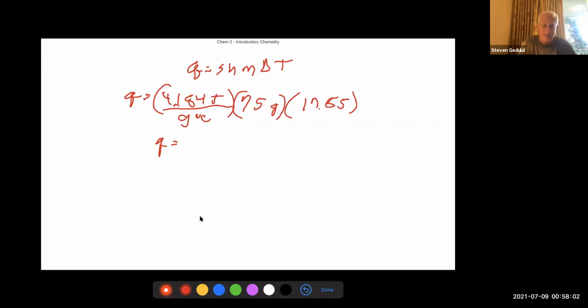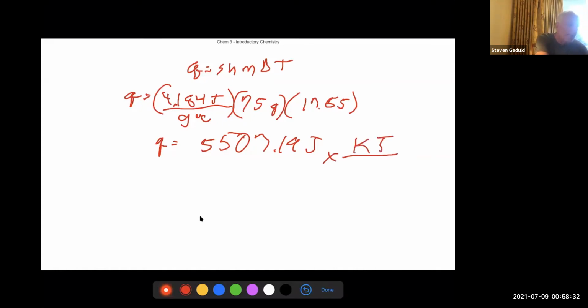4.184 times 75 times 17.55 equals 5,507.19 joules. And they want the answer in kilojoules, right? Convert that to kilojoules by moving the decimal point 3 places, because you remember k means 10 to the third, it's 1,000.